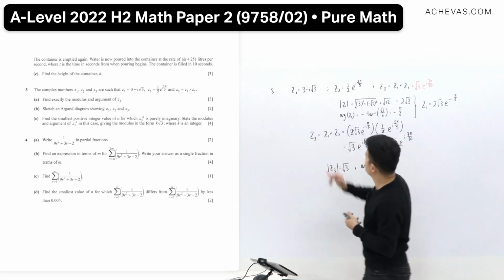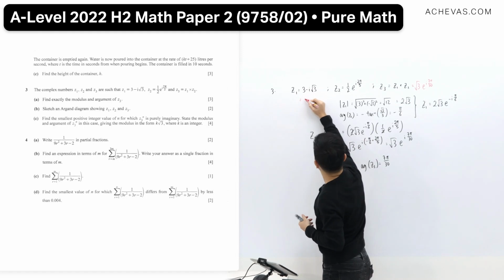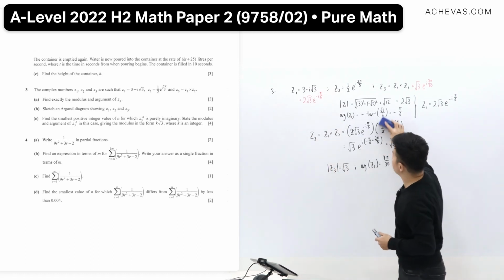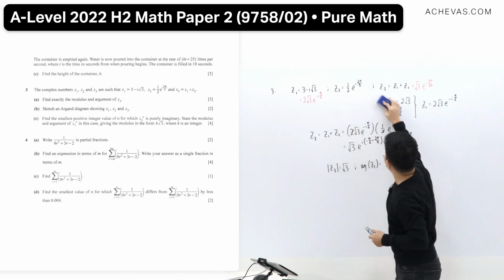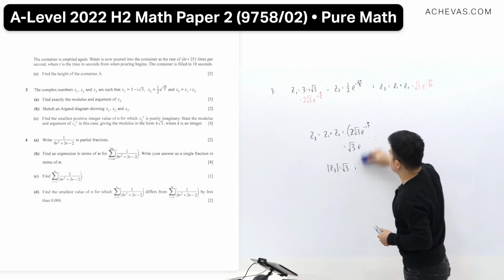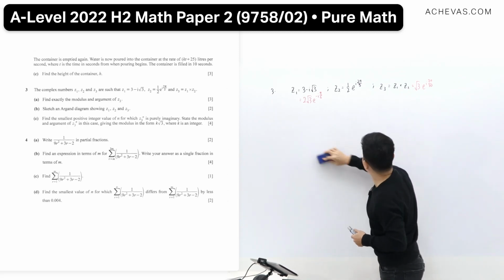I might as well also write it down here. So Z1 is 2 square root of 3 e to the power of minus i pi over 6. Okay, so this is our Z1, Z2, and Z3 in the different forms that we have just calculated.